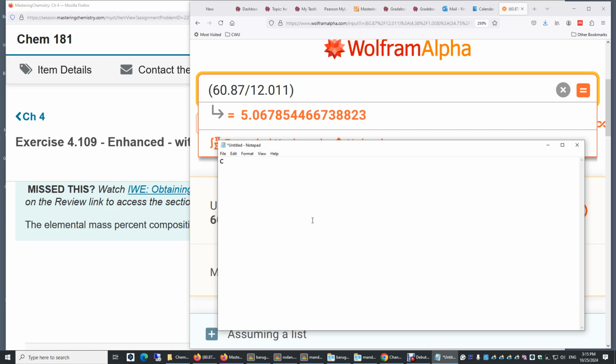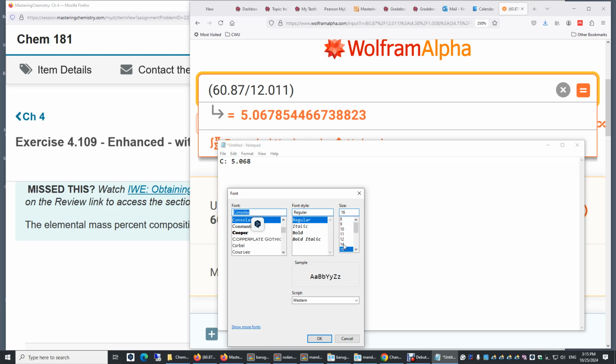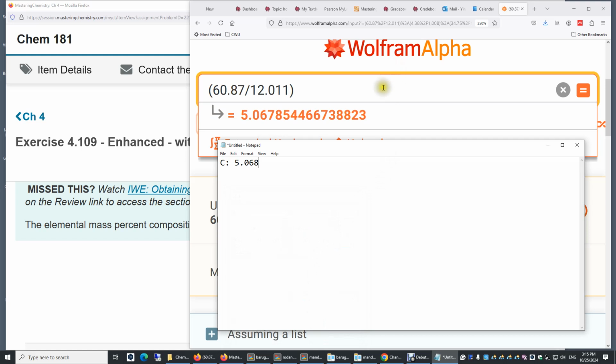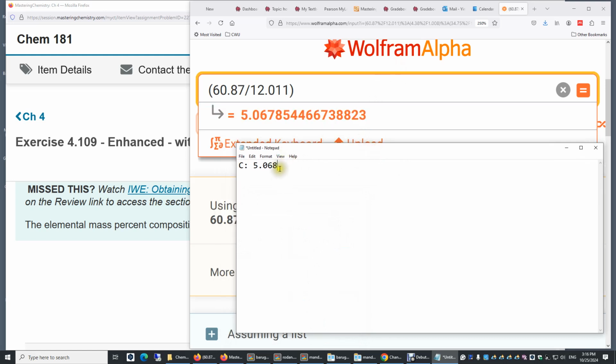So carbon is 5.068, and let's use a larger font size. Okay, this is the number of moles of carbon in 100 grams of such compound.